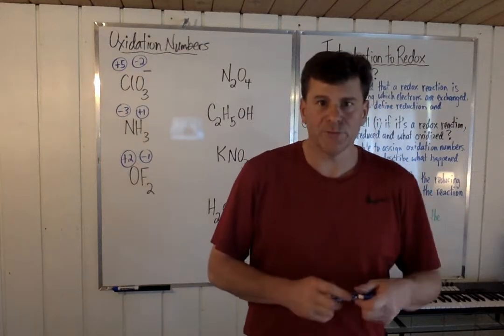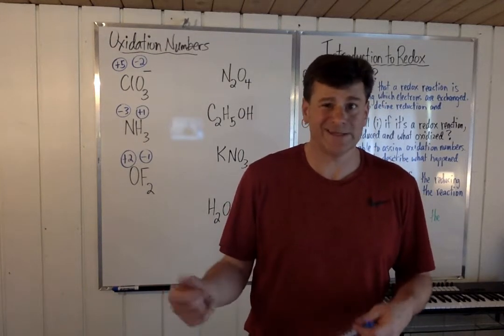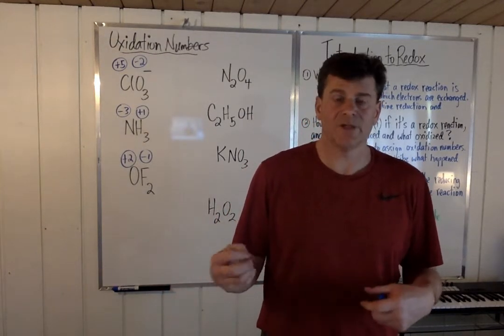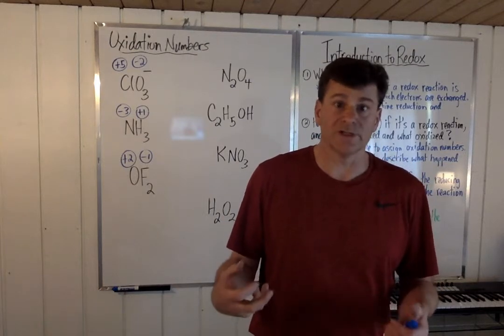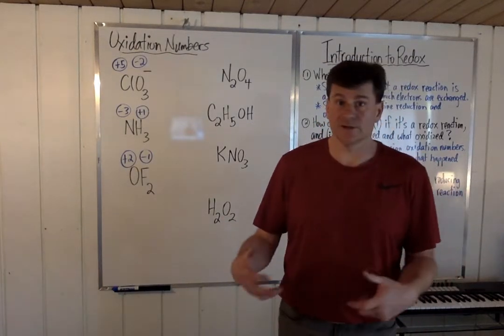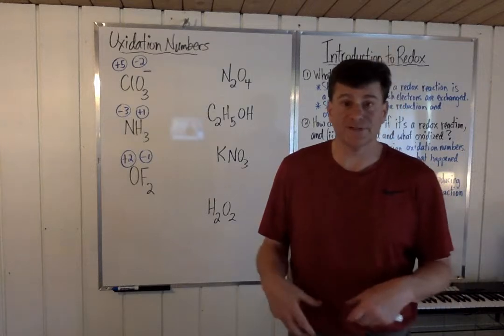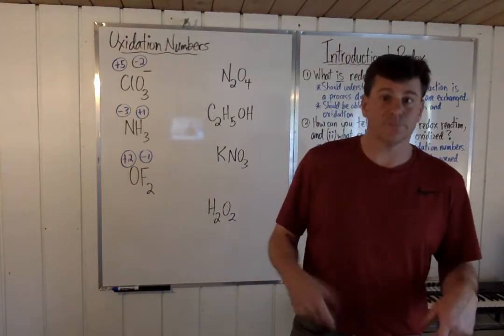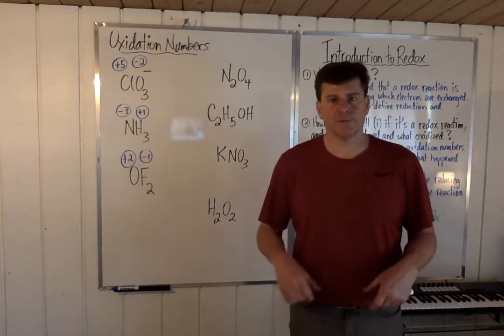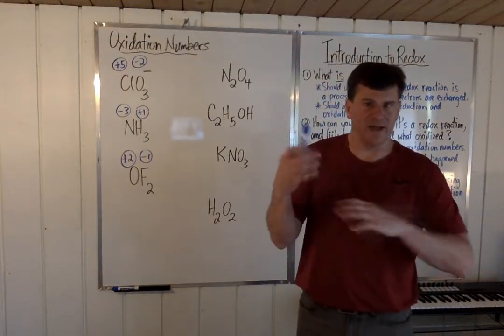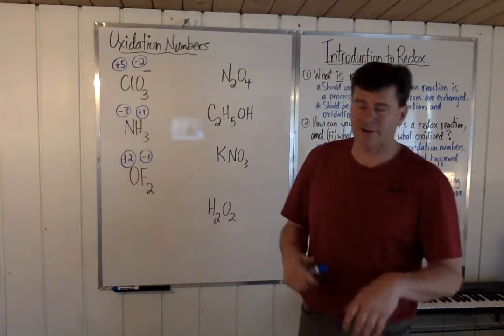That's probably a pretty reactive thing because oxygen +2 is an oxidation state that oxygen really doesn't want to be in. And so anything that it can bump into to get out of that oxidation state probably will. So this guy's probably pretty reactive. Okay, so that's kind of how it applies here.